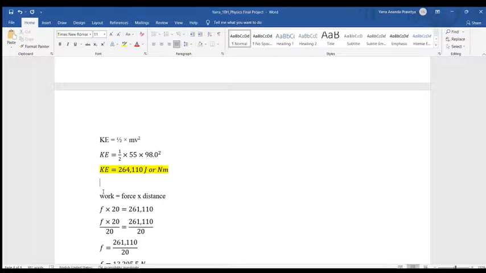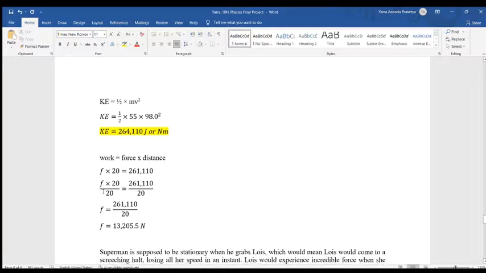So F times 20 equals 261,110. So divide both sides by 20, we get F equals 261,110 divided by 20, which means the force she'd be exerting as she were to hit the ground is 14,205.5 newtons. That's a lot of force, right?